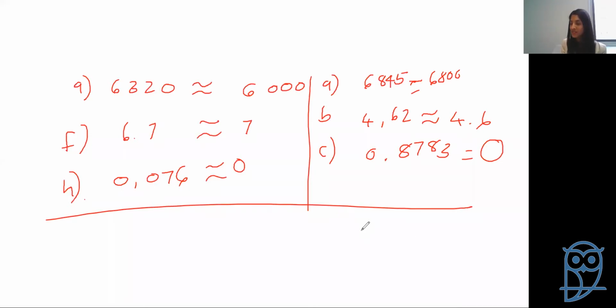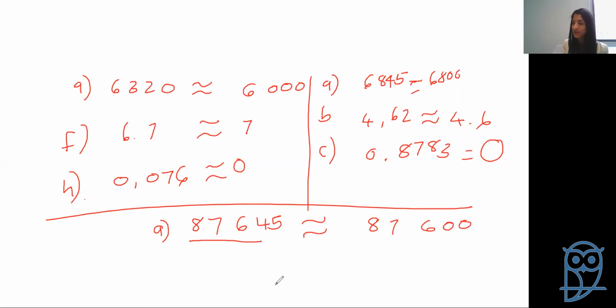Okay, what about 3 significant numbers? Let's do 2 with 3 significant numbers. So I'm going to put down the number 87,645. Which would be the 3 significant figures for that one? Okay, if you look at that, it will be 87,600.